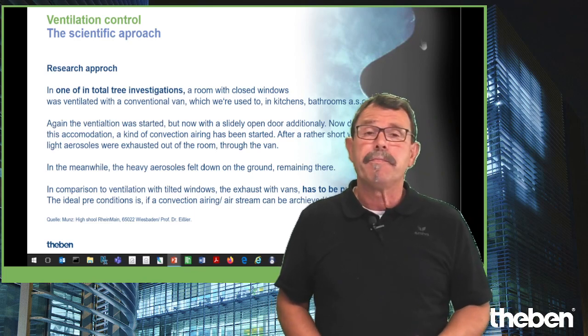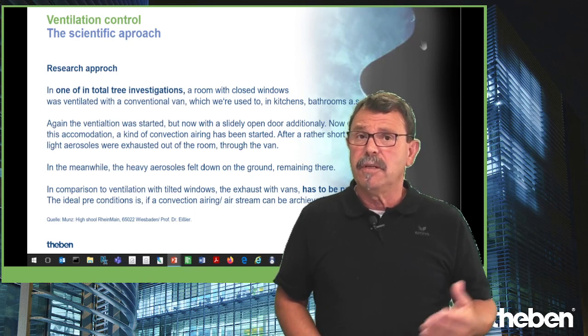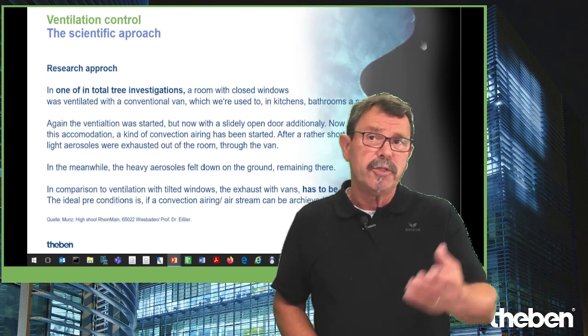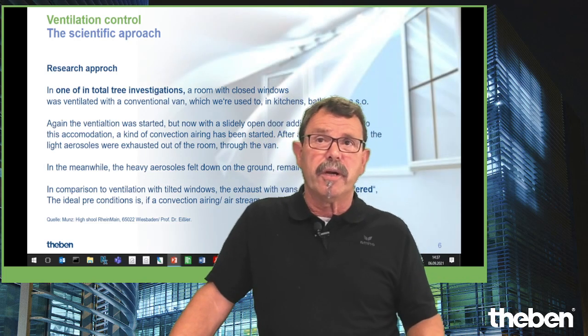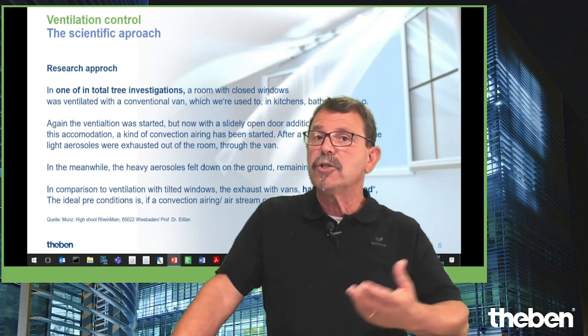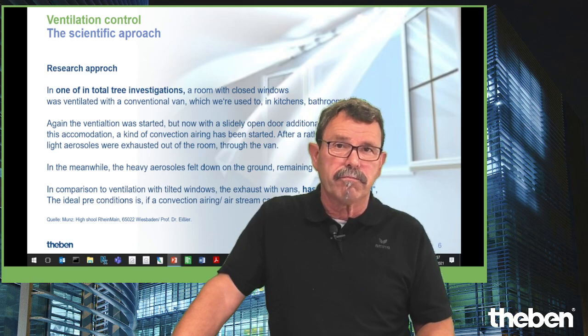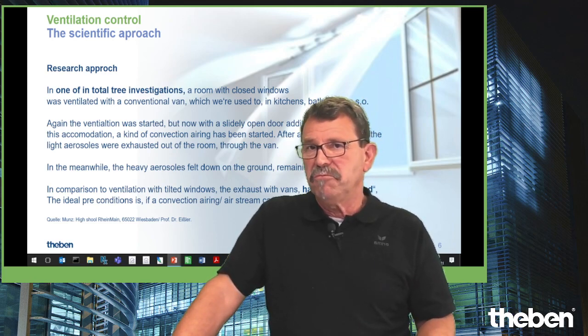So natural ventilation has to be preferred, window open or with specific fans, which you probably know from kitchens, from bathrooms, which bring fresh air in or which extract high humid air. Exactly such kind of ventilation you can use.